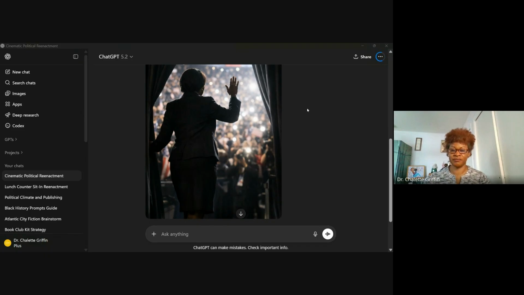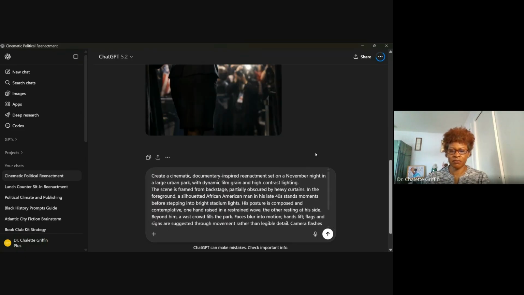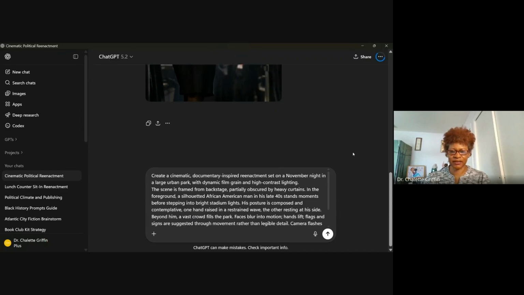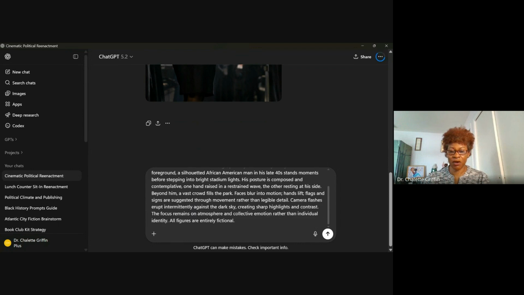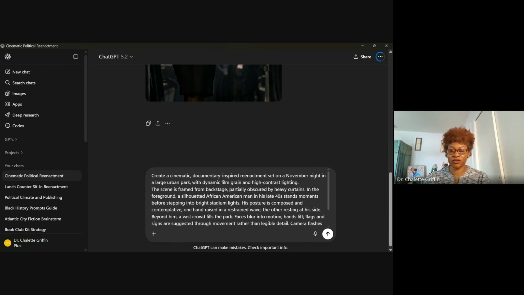another image. So here is the second prompt. We're actually going to go ahead and generate this. And this particular prompt is very similar to the first one. Create a cinematic documentary inspired reenactment. It's almost the same as the previous prompt, but we changed the characteristics of the subject.